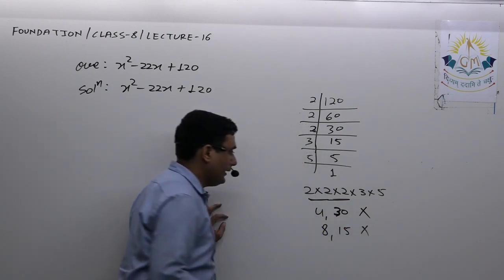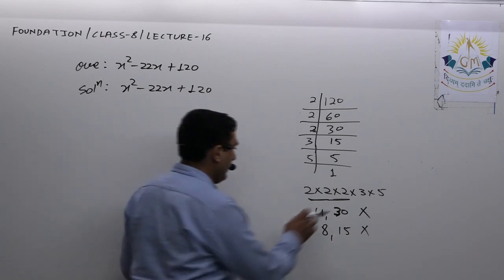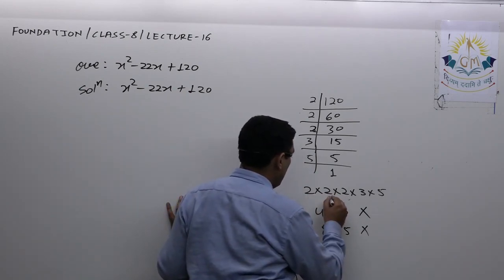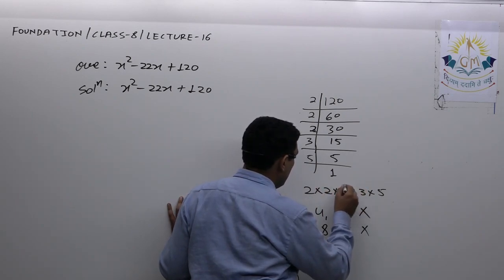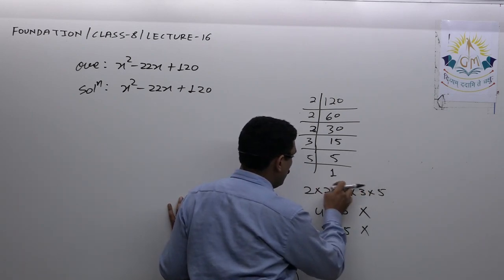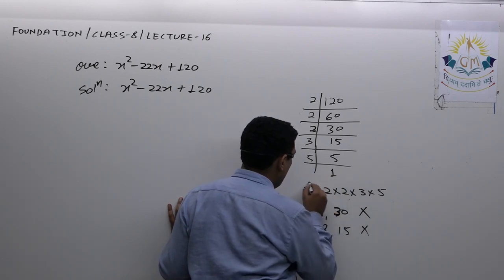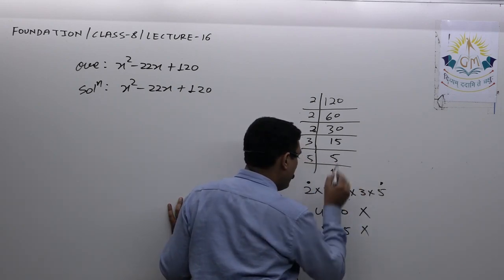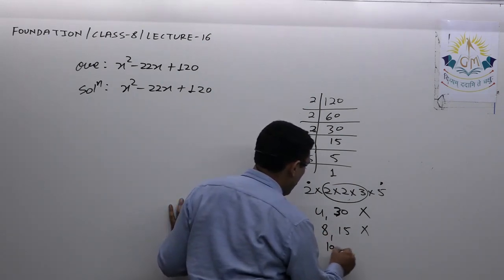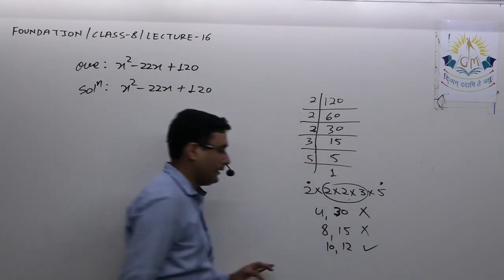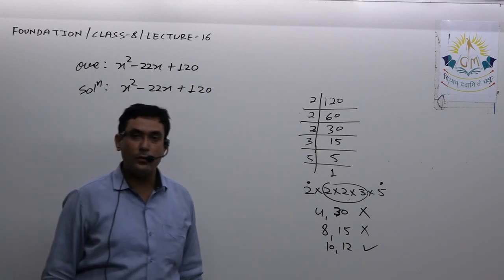So this is again an incorrect combination. Now if I take first and last together, and the remaining 3 together, so 10 and 12. Yes, this is correct, because 10 plus 12 is 22.